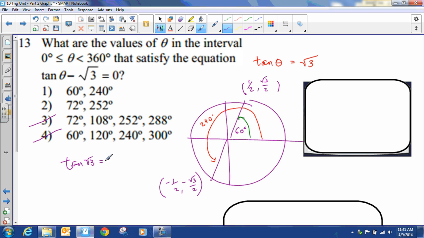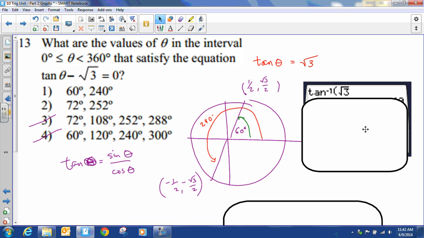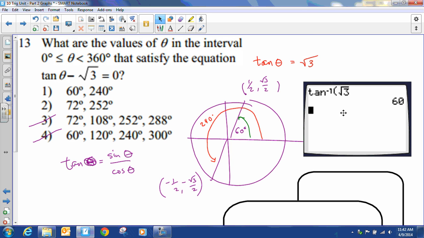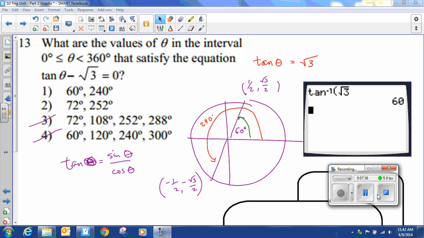Tangent of theta is sine over cosine. Right now, theta right there. So you divide radical 3 over 2 divided by 1/2, or the negative versions, you end up with radical 3. So the answer is 60 degrees and 240 degrees. And it should be no surprise that if you trust the calculator, it only gives you the principal value of 60 degrees. Good luck to you.